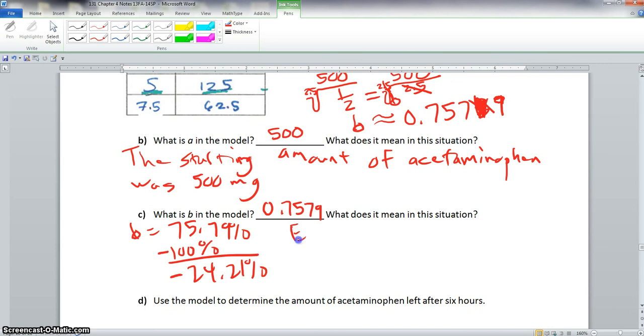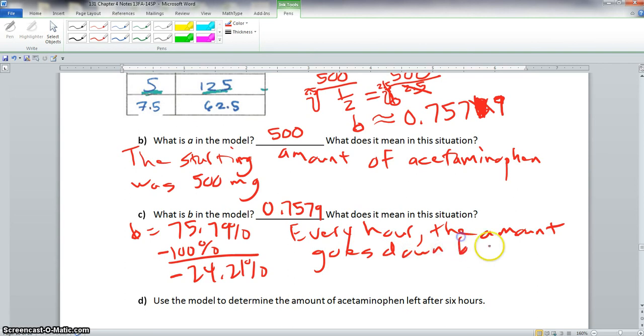That means every hour, the amount goes down by 24.21%. Now we look at D.